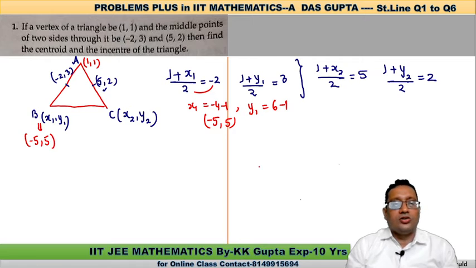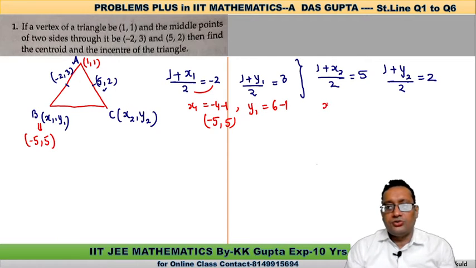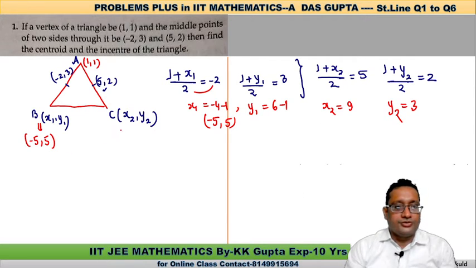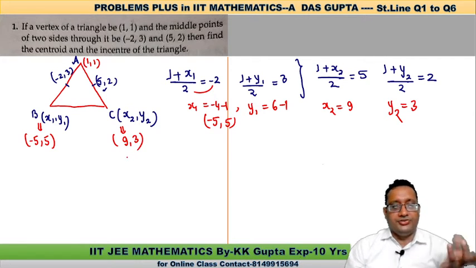Now I am calculating the coordinate C. So x2 is equal to 9 and y2 is equal to 4 minus 1, that is 3. So (x2, y2) will become (9, 3). Now I will calculate the centroid first. After that we will go for the incenter.